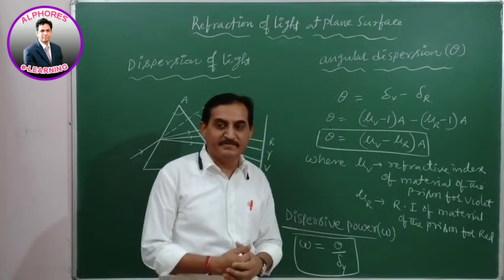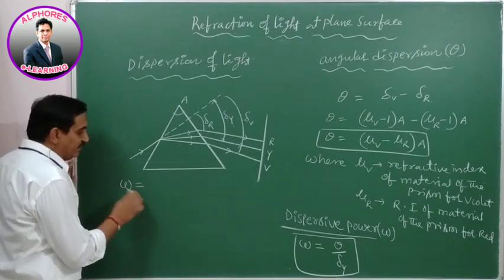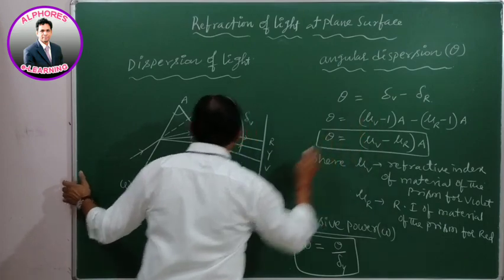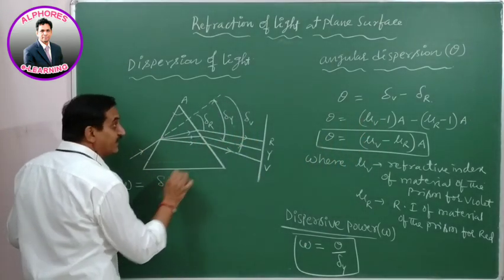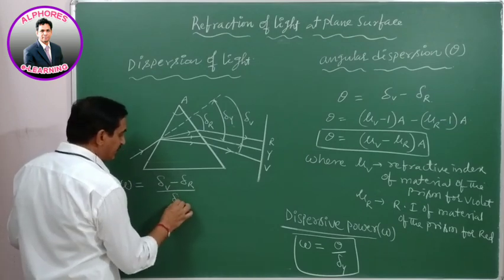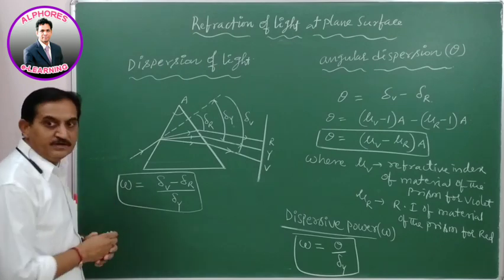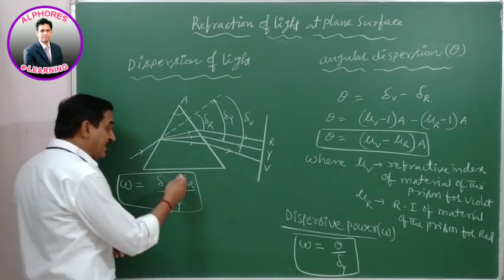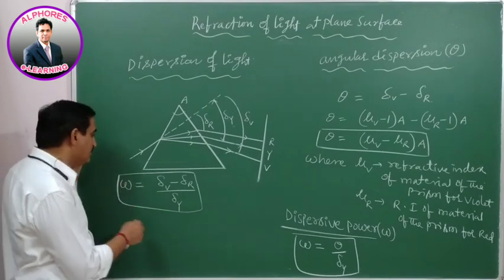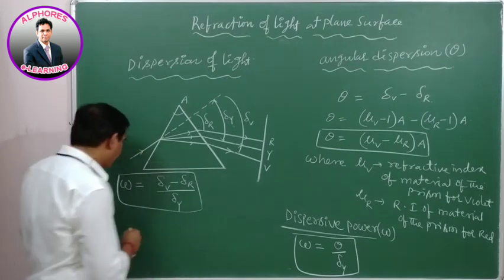Therefore, finally we can write dispersive power omega is equal to angular dispersion, that is delta V minus delta R, by the mean color deviation, delta Y. This is simply the formula for dispersive power. It has no units and dimensions because it is the ratio of deviations.